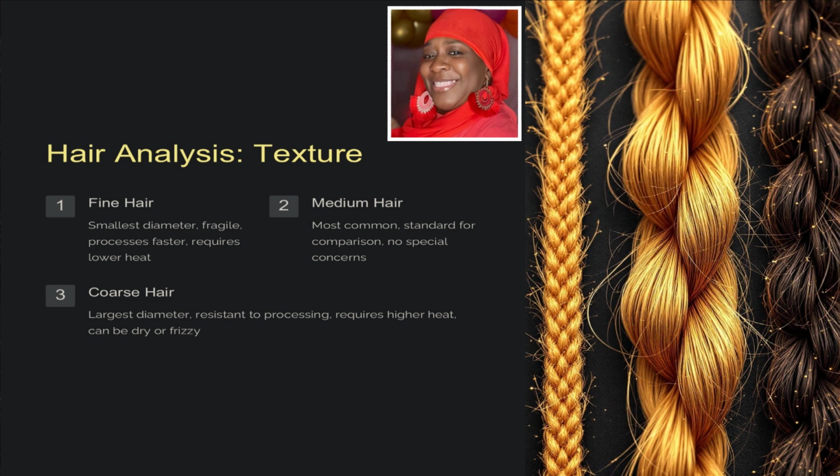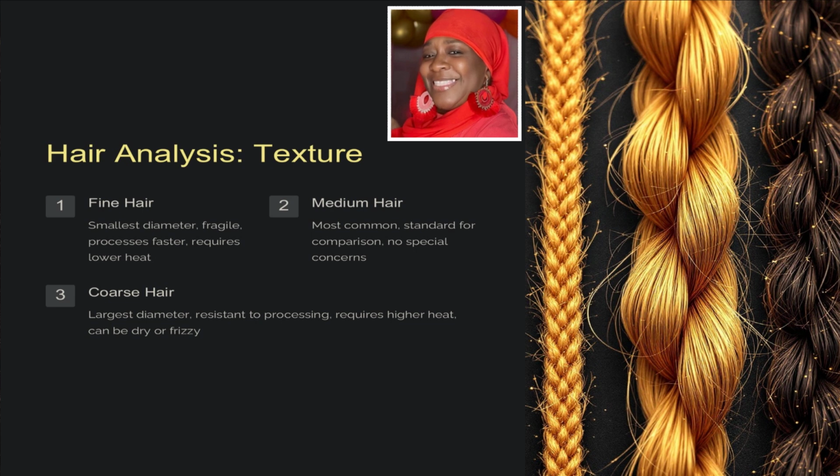Fine hair characteristics include smallest diameter, fragile in comparison to medium and coarse hair, may process faster during chemical services, requires lower heat during thermal services, may feel limp or flat. Medium hair characteristics include most common hair texture, the standard to which other hair textures are compared, does not present problems or concerns in styling.